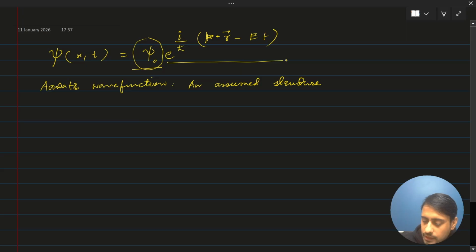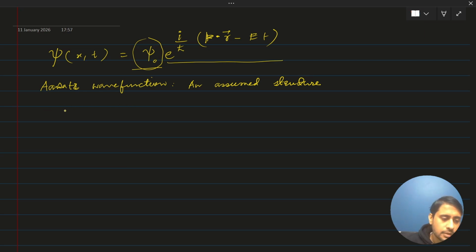One of the reasons is that if you put this wave function in the Dirac equation, as we have already done earlier, you will find that it is satisfying both hand sides. And we arrived at some results.